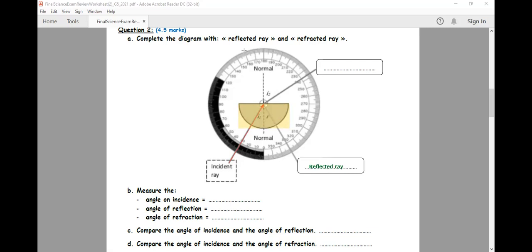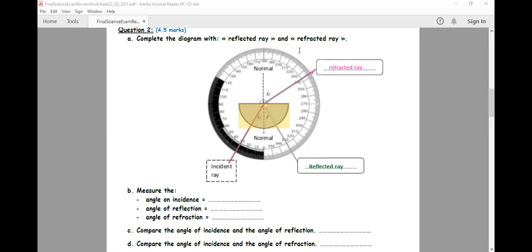What about the second one? Look, the light ray hits, it is found in the gray part, then it leaves the gray part. So it changes its medium. Which light ray is this? It is the refracted ray.